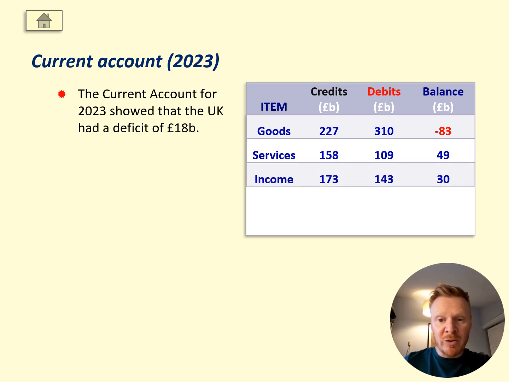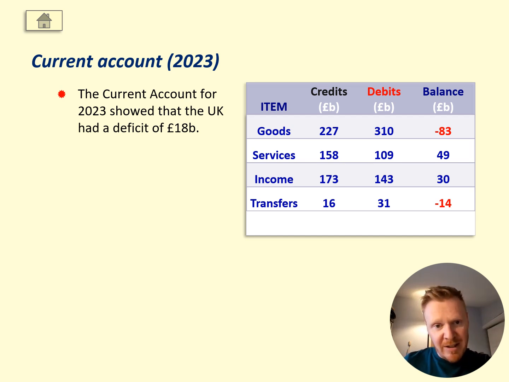We've also got a surplus on our net investment income from abroad. So we've got £173 billion coming into the UK from investment income and 143 billion leaving, giving us a balance of plus 30 billion. Transfers, as you might expect, we send more money overseas, 31 billion, than is sent here, 16 billion.